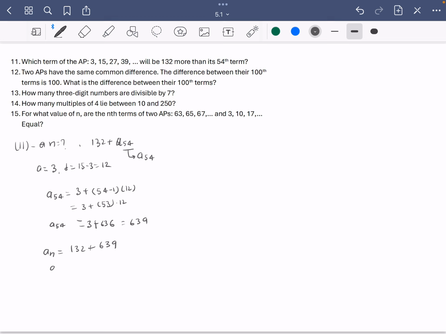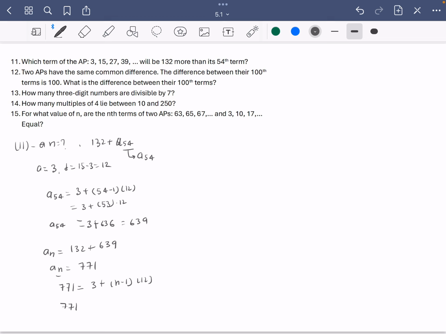So an should be 771. We want to find out which term is 771, so it should be a = 3 + (n - 1) times d, where d is 12.